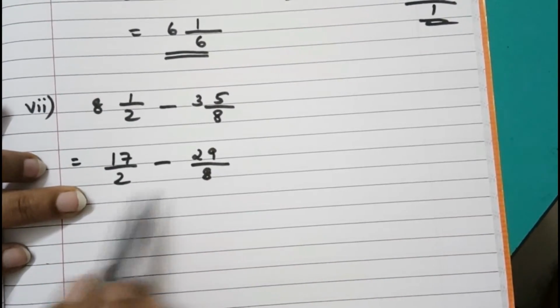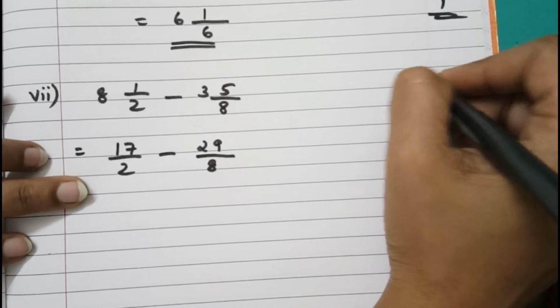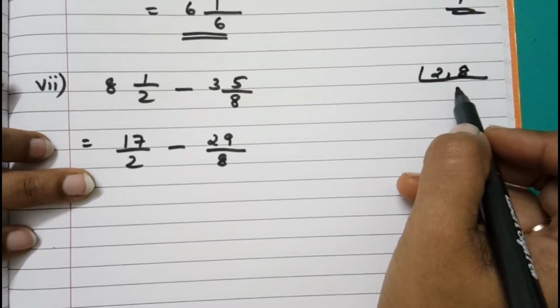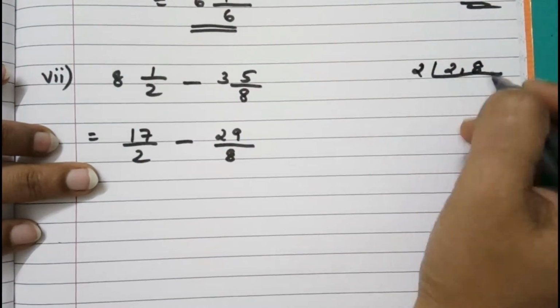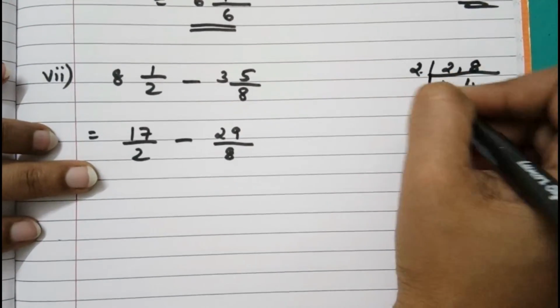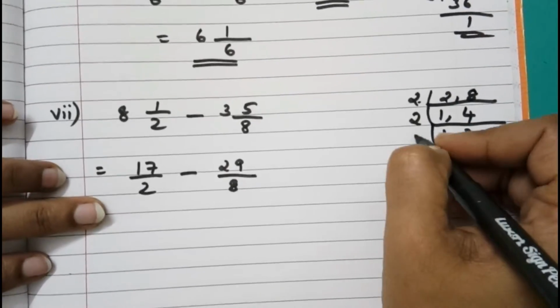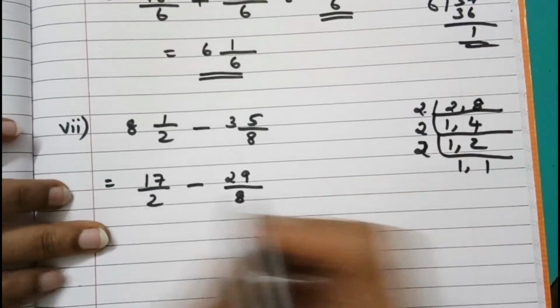Now since there are two different denominators, we need to find the LCM. 2 and 8. Now in 2 and 8 there are common factors. So let's find it using the lowest common factor. 2 will go in 8 4 times. 4. So 2 1, 2 1, 2 1 and 1. So what is the LCM here?